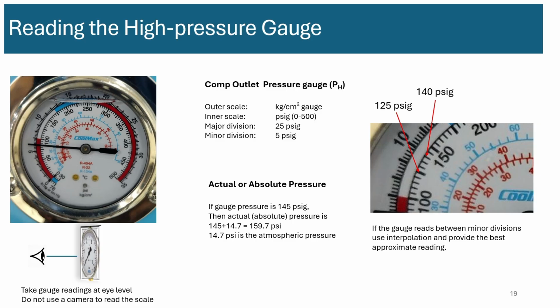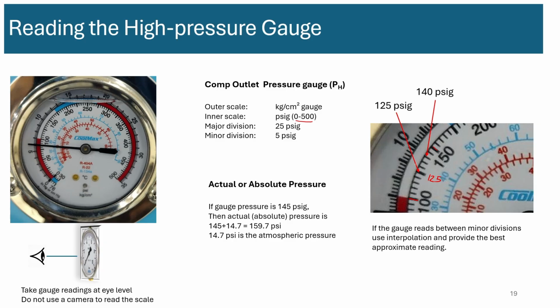now let's look at the high pressure gauge. It's almost the same model, but the range and the scales are different. Okay, in this case, the psig scale is 0 to 500 because it's in the higher pressure range, right? It's measuring the condenser pressure, which is a little bit higher. The major division, you can see from 100, and this is 150, so this is 125.